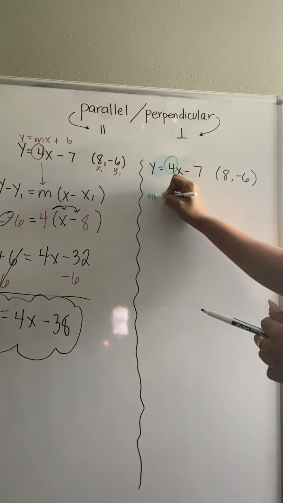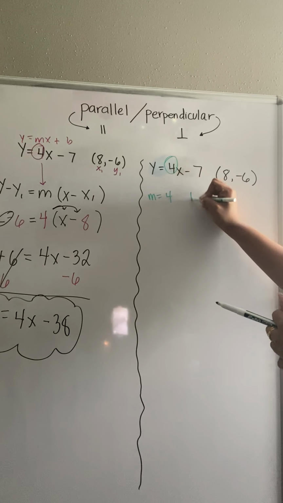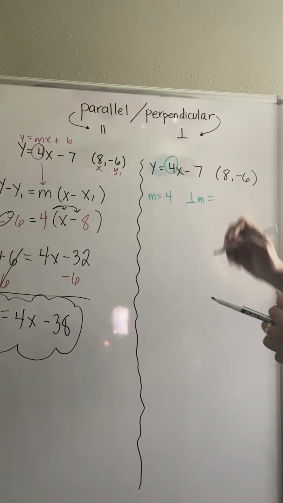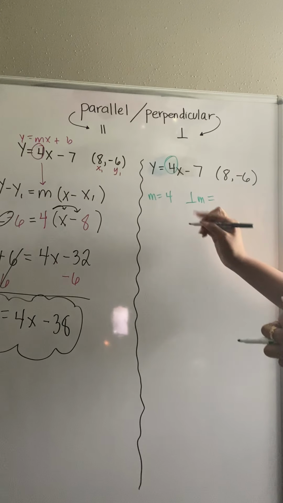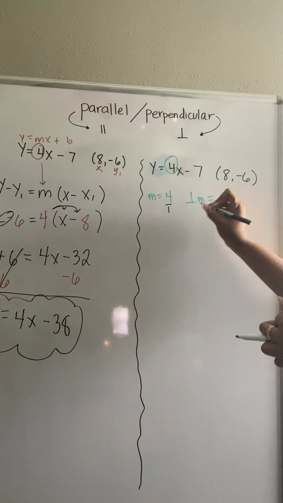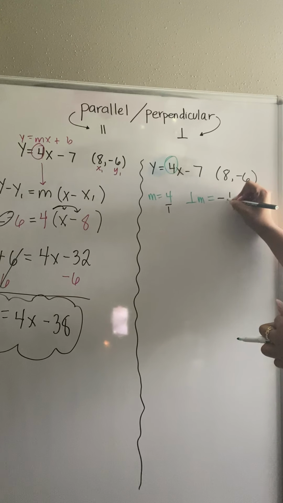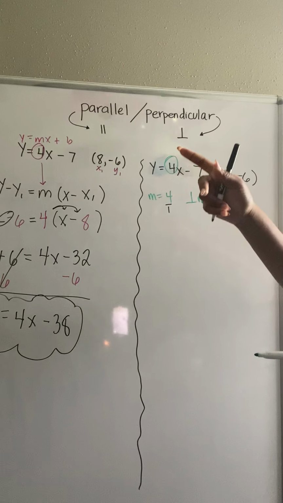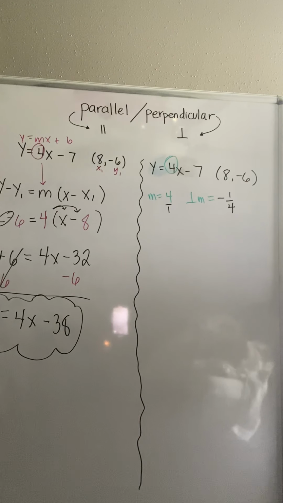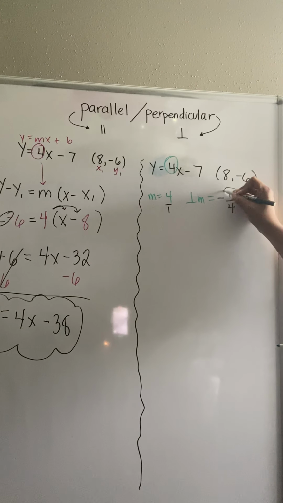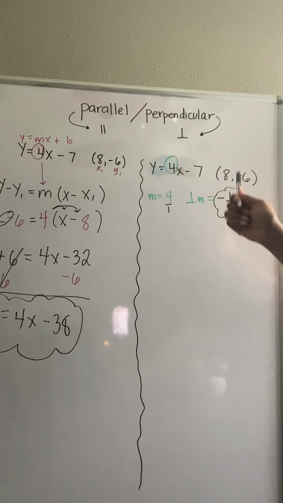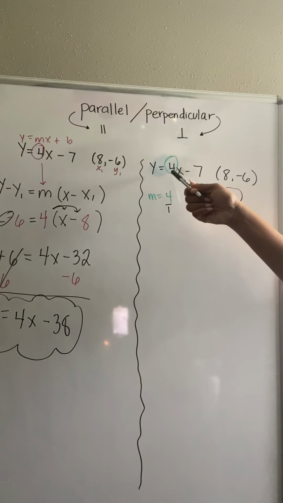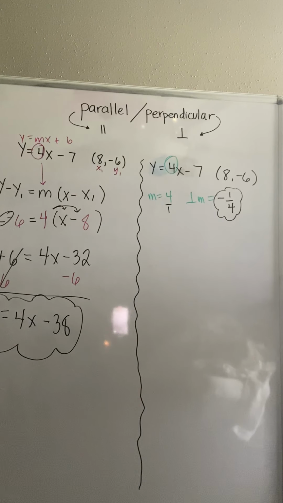If m is equal to 4, then the perpendicular slope we find by changing the sign and flipping. Remember, 4 is like 4 over 1. We change that to a negative, and if we flip it, the reciprocal of 4 is 1 over 4. So this is the slope that we're going to be using: -1/4 is perpendicular to 4.